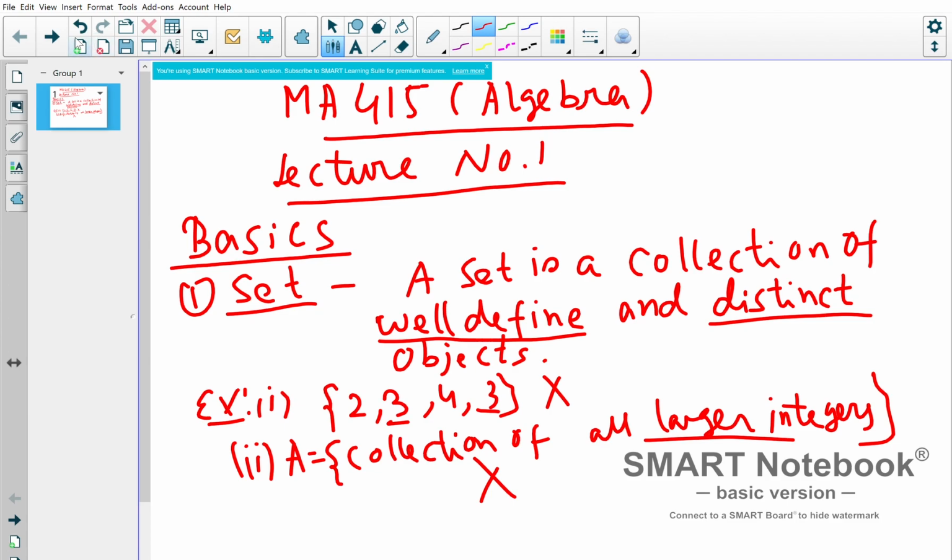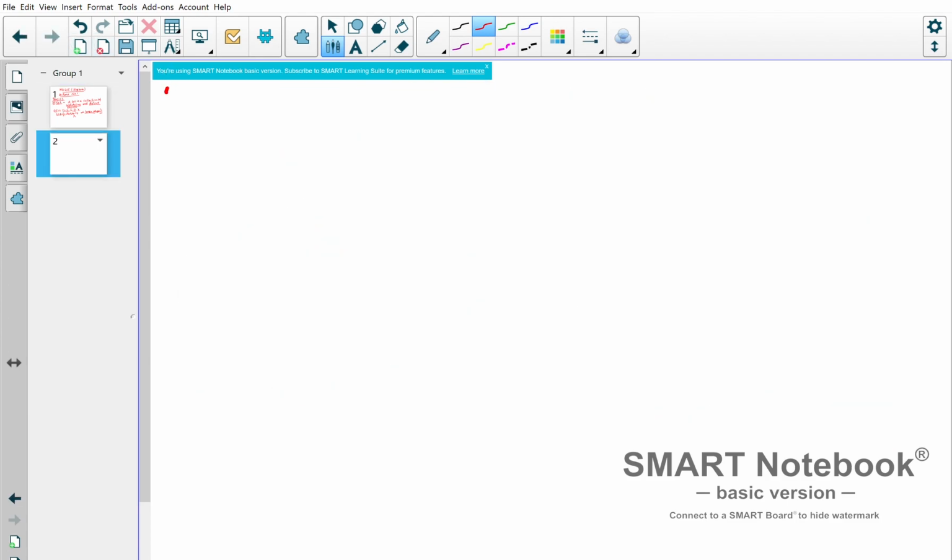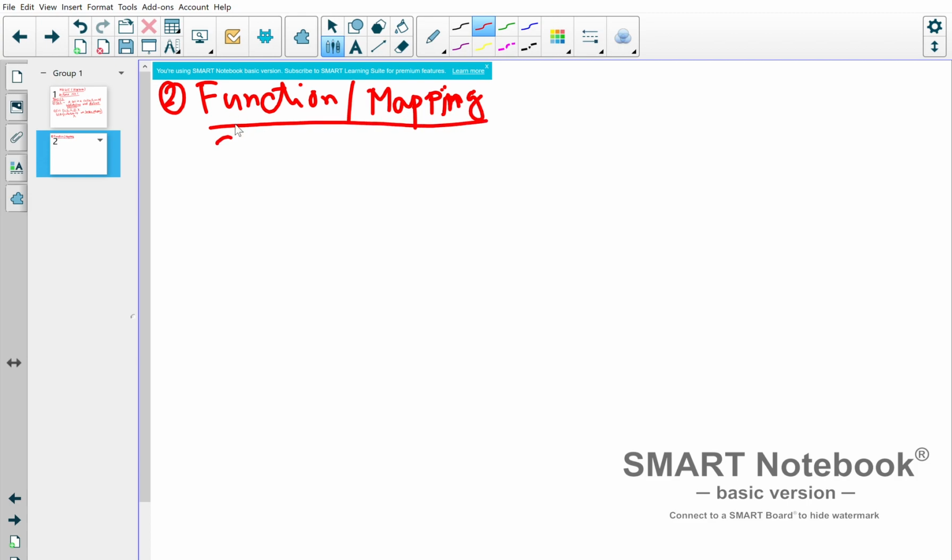Now the second thing which you should know is a function on a set, or some people also call this a mapping or map. Whatever you like to call it, mapping, map, function. You define it by this symbol. If f is a function from a set X to Y, what does that mean?